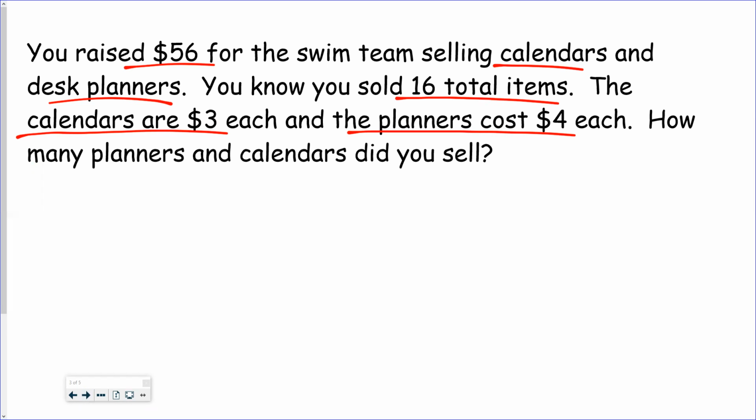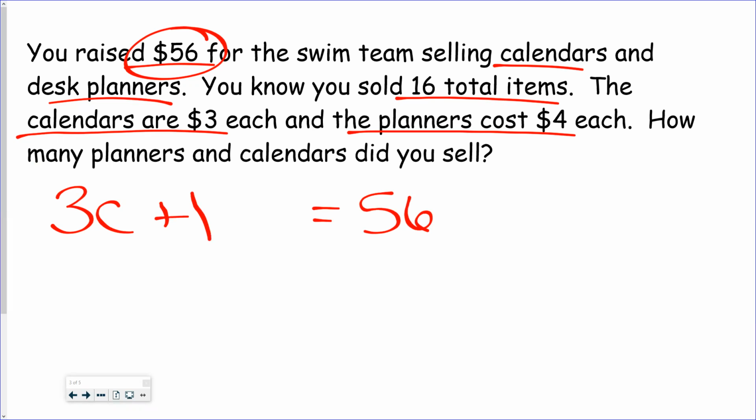So they're wanting to know how many of each I sold, so I'm going to need some equations in order to figure that out. Well, the first total that they gave me was $56. So that's dealing with the amount of money. Well, the 2 things I know is that the calendars were $3. So every calendar I sold is $3, and every planner I sold is going to be $4.